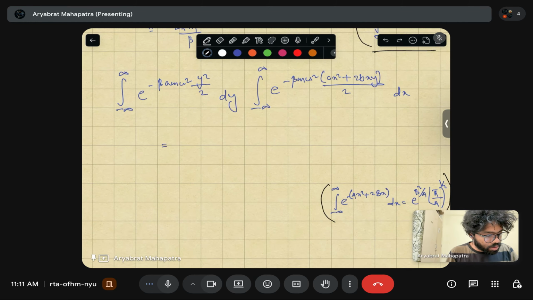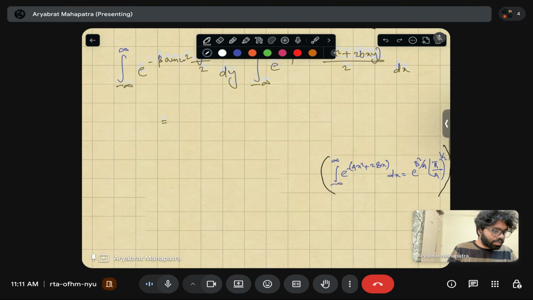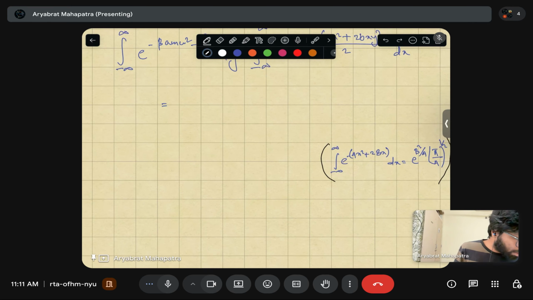You can see this quite easily if you try to make the expression inside it some kind of perfect square, something like x minus b over a perfect square type form.